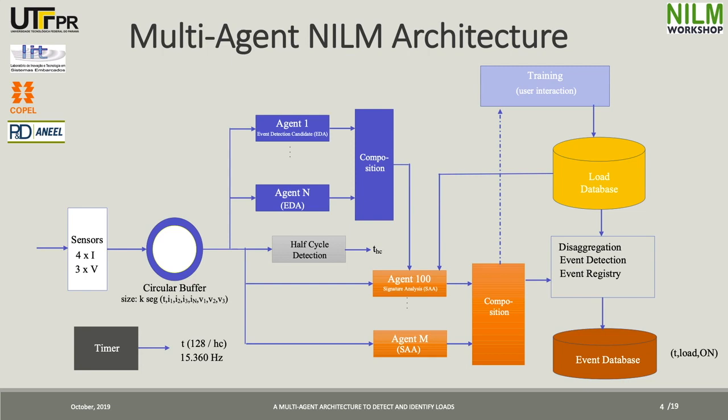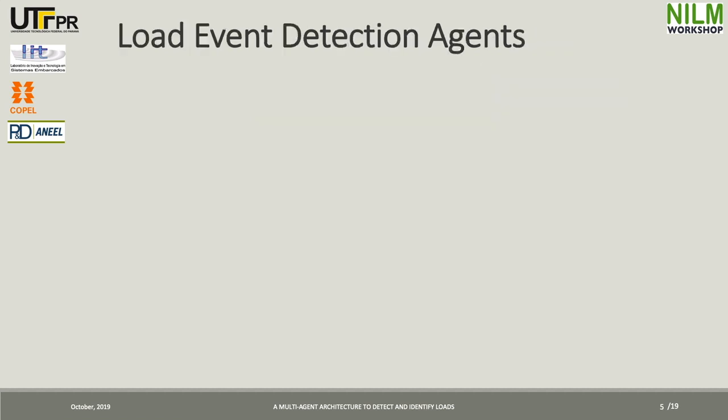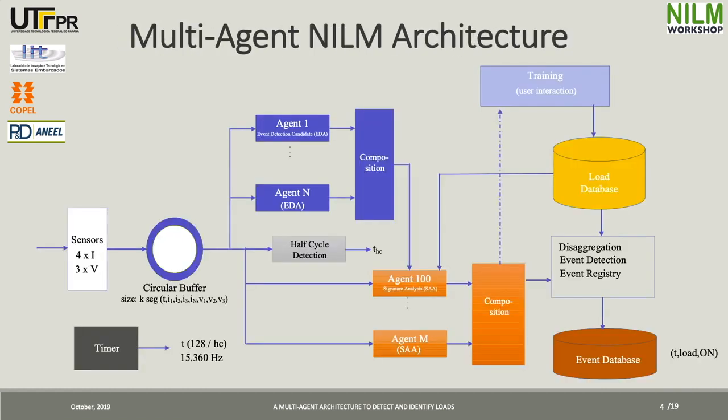Whenever I see a signature that's not in my database, I activate the training module, and the training module will extract the features and will put more information into the load database.